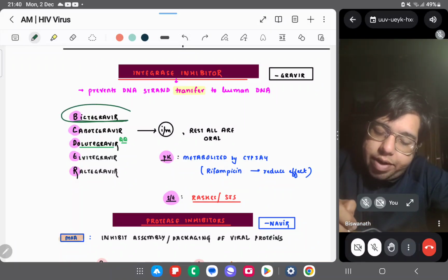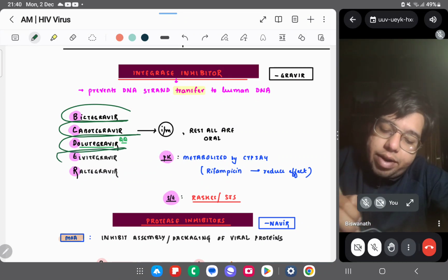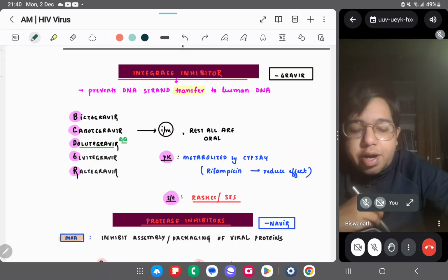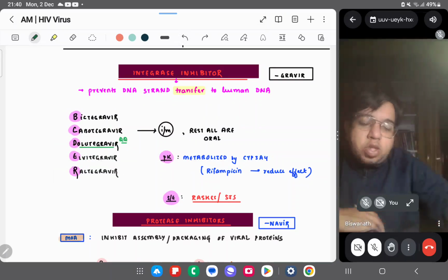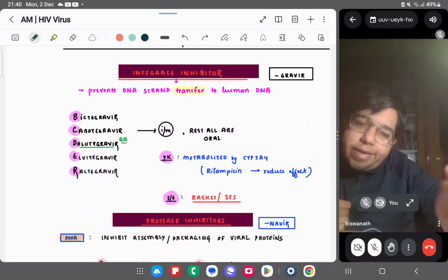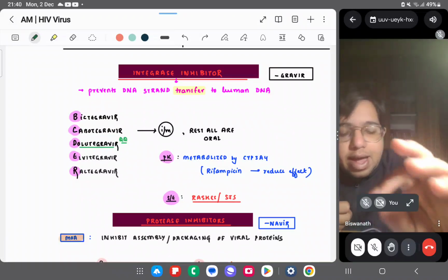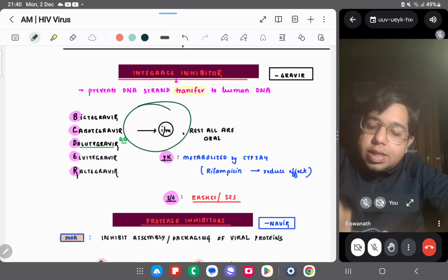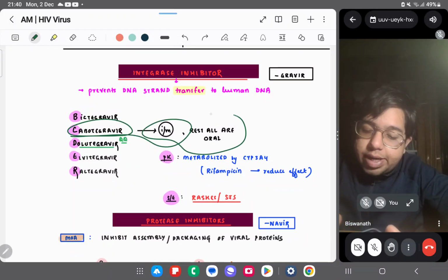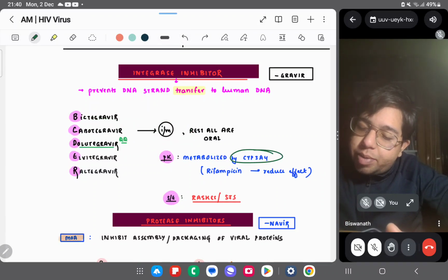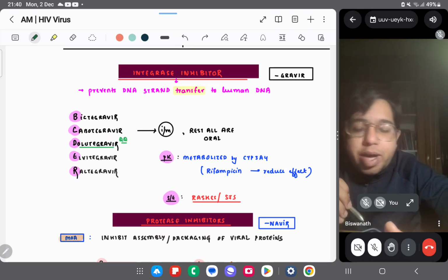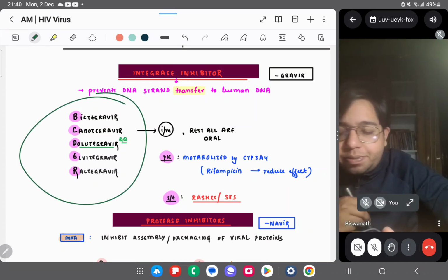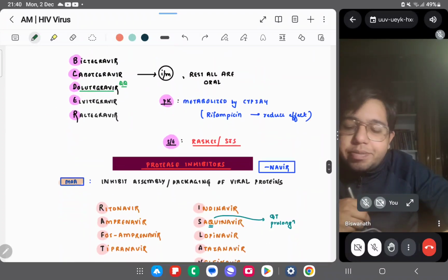You can have bictegravir, cabotegravir, dolutegravir, elvitegravir, raltegravir. Cabotegravir is an IM drug, rest all are oral. Metabolism is by CYP3A4, so it will not be combined with rifampicin. Side effect is rashes. Just the names are important.